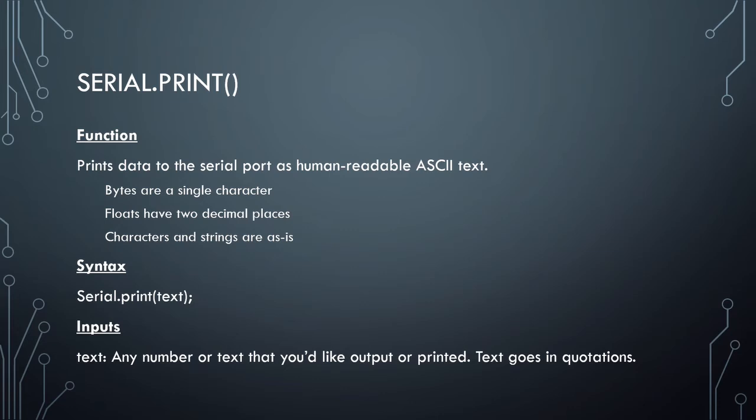And so this is where it will print your text. So in this context, bytes are a single character. Anything that has 2 decimal places we refer to as a float. And characters and strings are characters and strings as we've previously defined them. That's anything with a single character, or a string is a group of characters or a group of words.